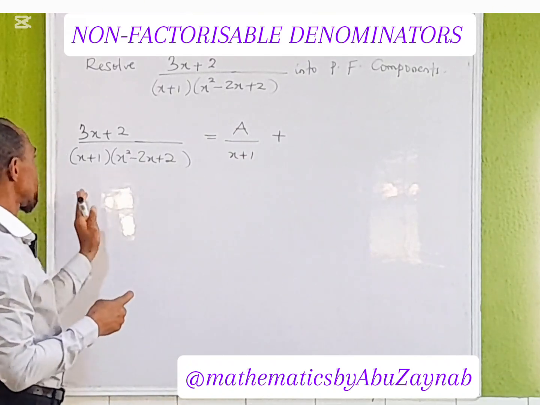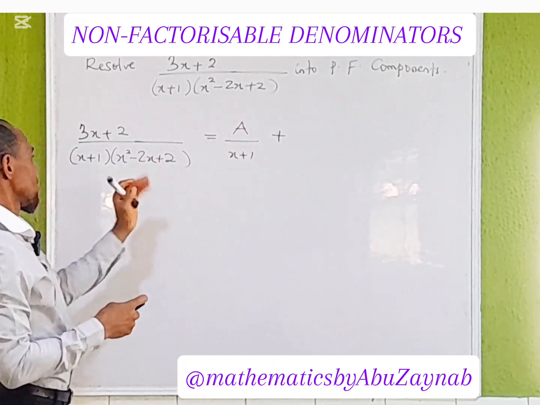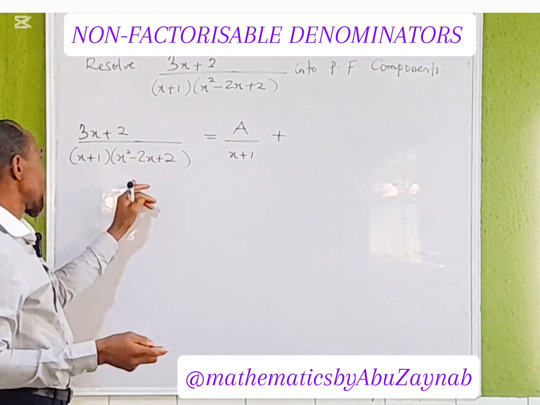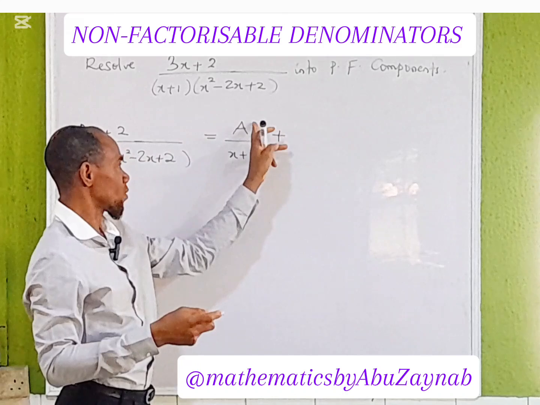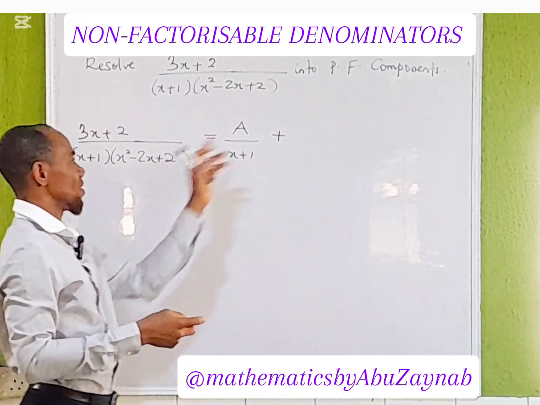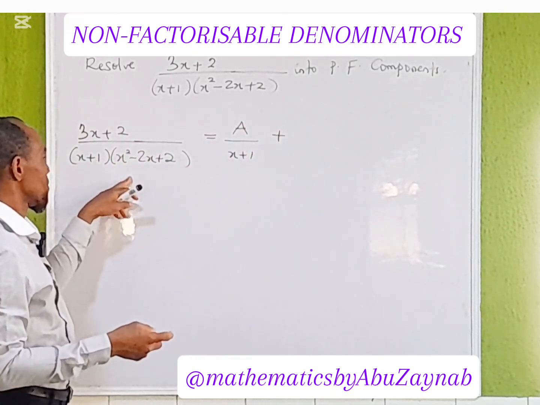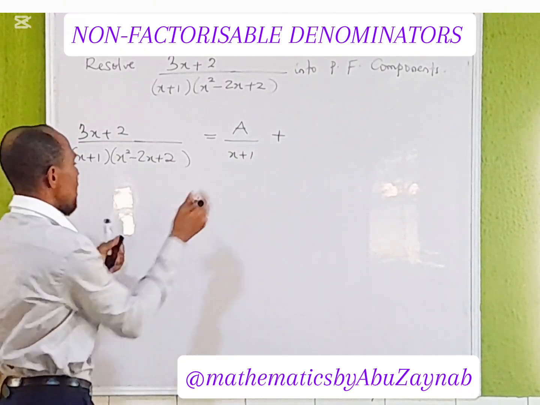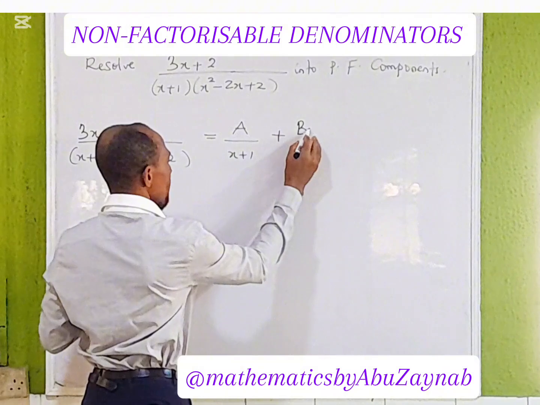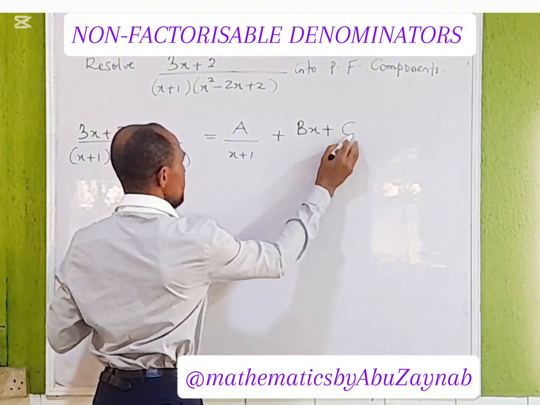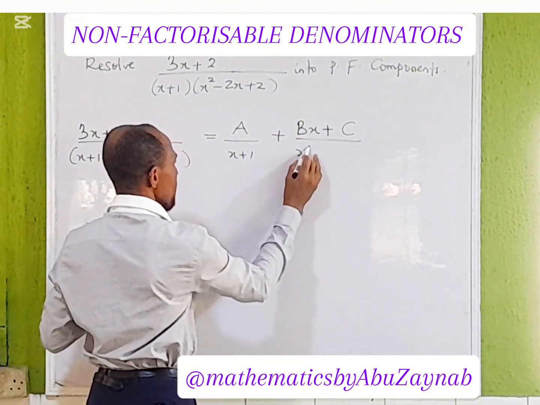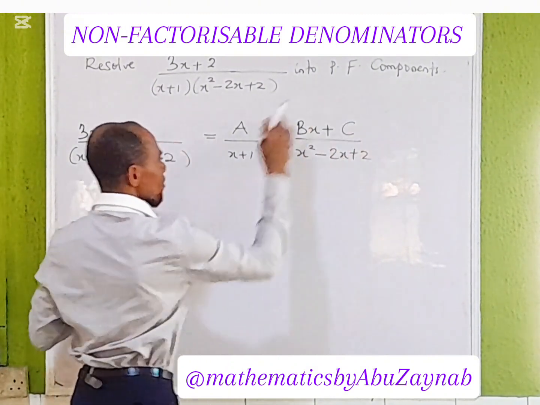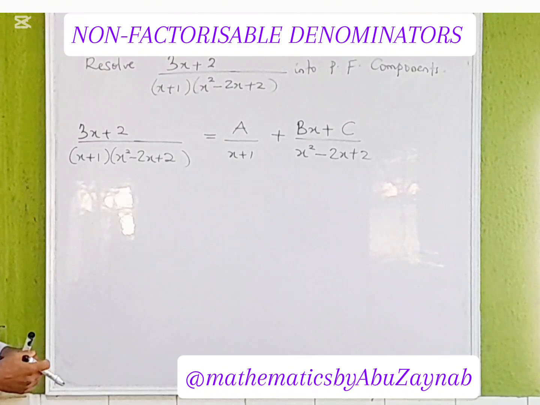If the quadratic were factorizable, we would break it into two factors, with B for one factor and C for the other. But since this has been established to be non-factorizable, we simply have Bx plus C over x squared minus 2x plus 2. This is the trick when you have a non-factorizable denominator.